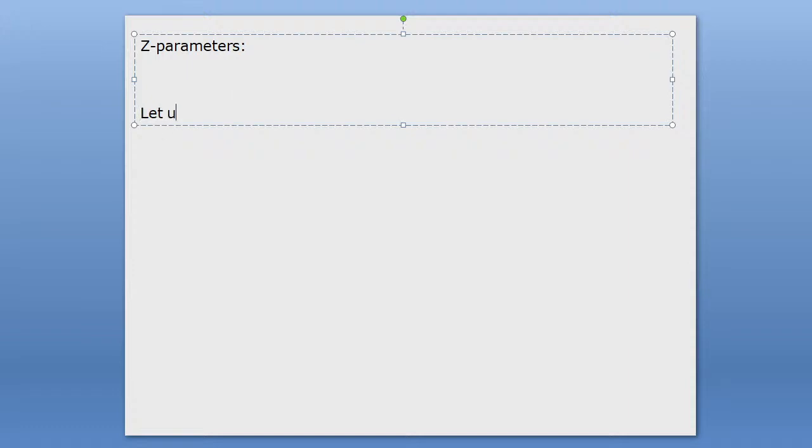Let us consider that I1, the input port current, and I2, the output port current, are independent variables.